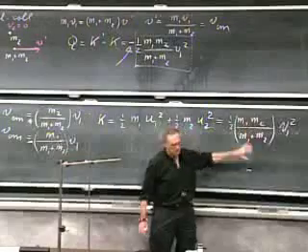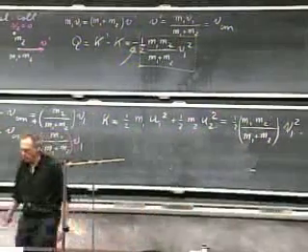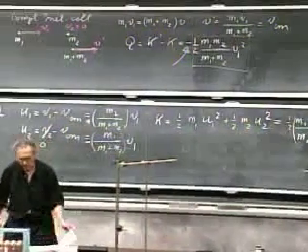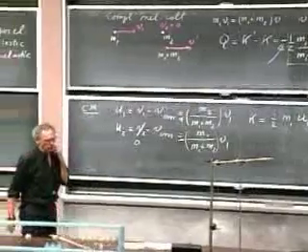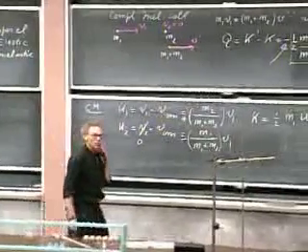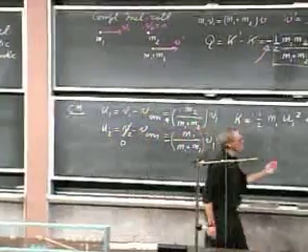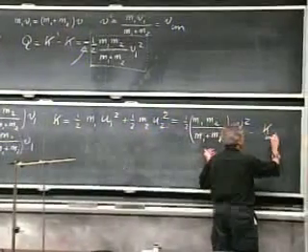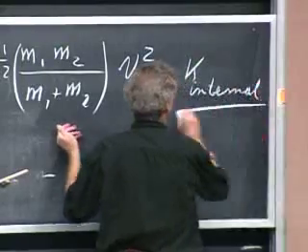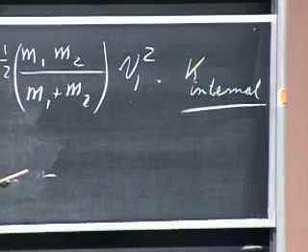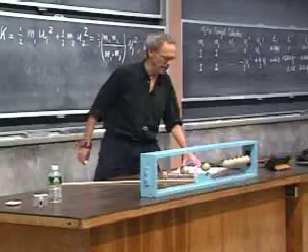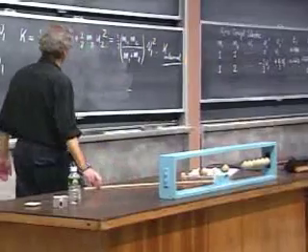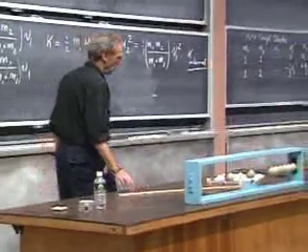This is the kinetic energy before the collision, and all that kinetic energy went to heat. This is the maximum you can ever lose, and this is what we call the internal kinetic energy of the system. So going to the center of mass system, you can always immediately calculate what the maximum heat is that you can expect from a collision.